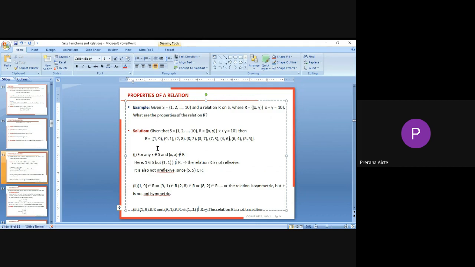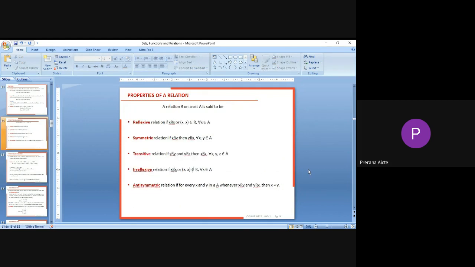Now, if you want to check which properties are followed, let us look at the properties we have seen previously.